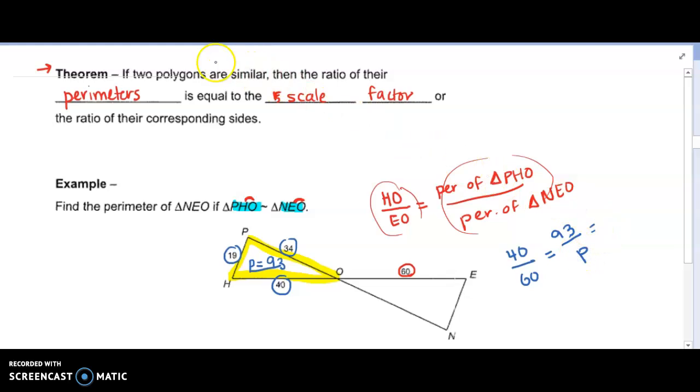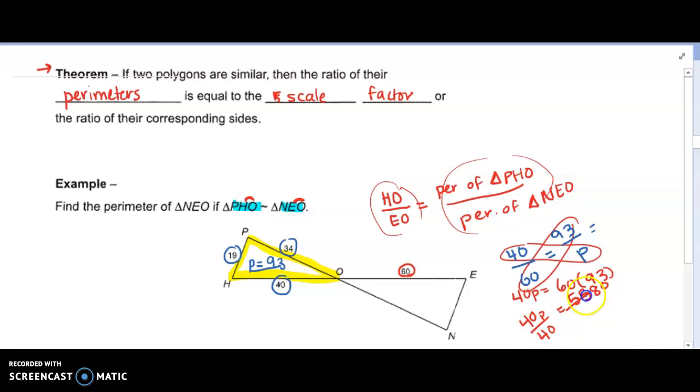Now let's go ahead and do some math. I'm going to cross multiply like I've been doing. So 40 times P is 40P equals 60 times 93. And if I put 60 times 93 in my calculator, that's 5580 equals 40P.